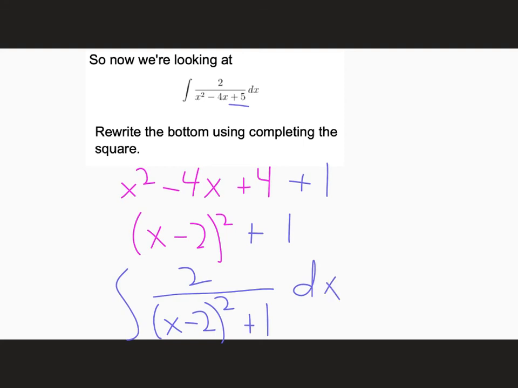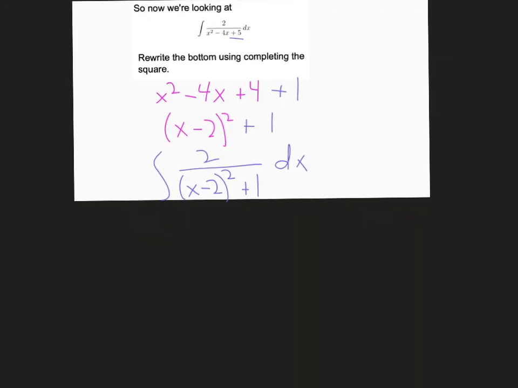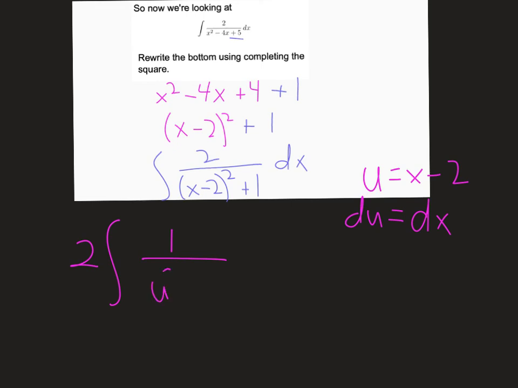And now we got to do the calculus. Let's make u equal to x minus 2. That means du is dx. I'm also going to pull the 2 out. So that's 1 over u squared plus 1 du. You should recognize that as an inverse trig derivative.